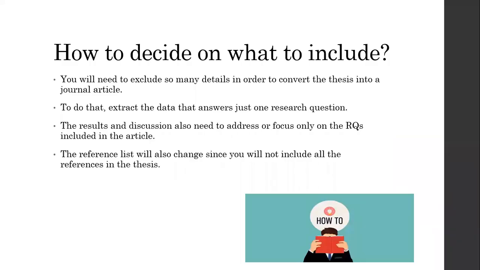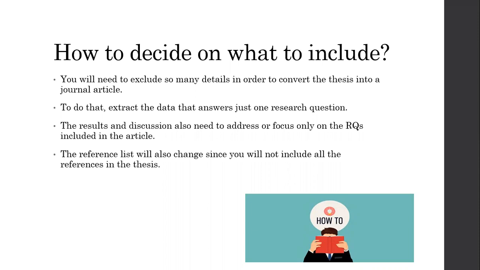Now, if you want to start, you ask yourself many questions. What to include? What to exclude? What to do if I want to prepare the journal article? How to decide on what to include?